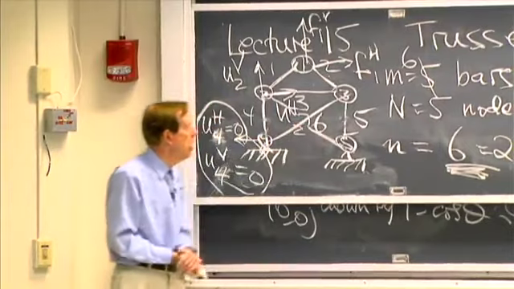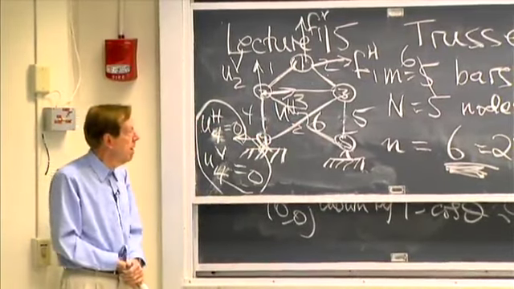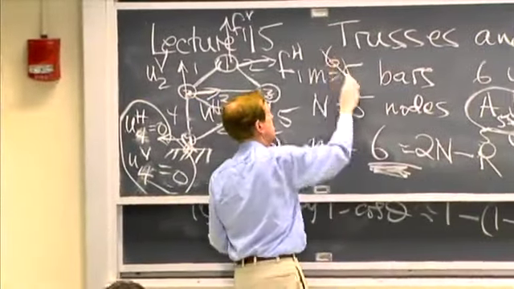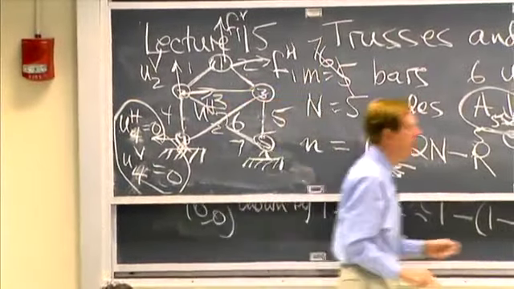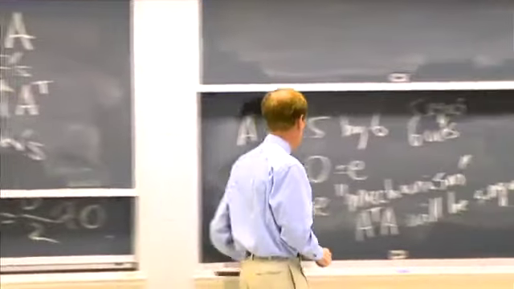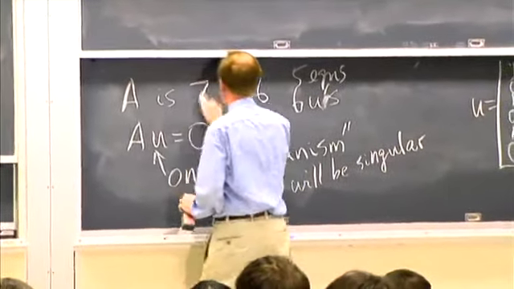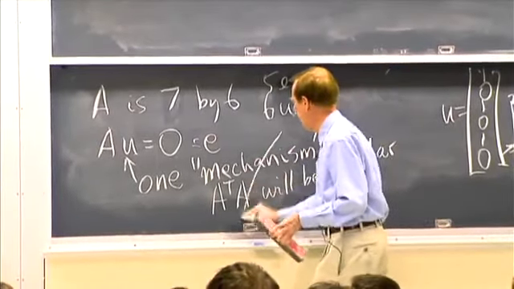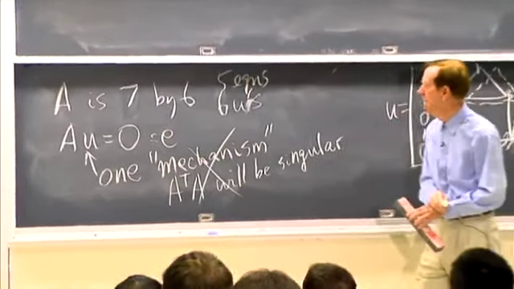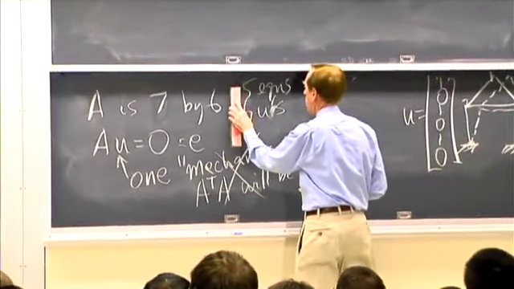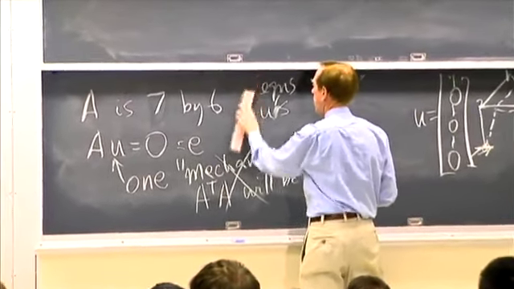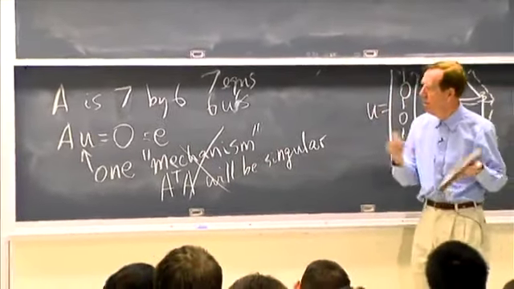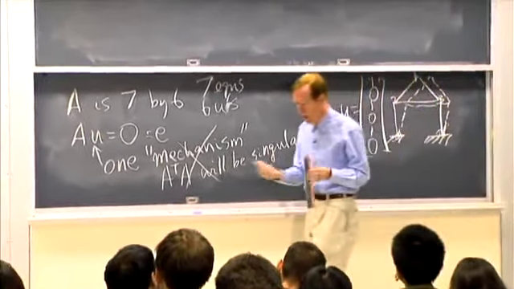Now I've got 7 bars, so M is now up to 7. My matrix A would now be 7 by 6. And there won't be any solution. The mechanism will be gone because I've now got 7 equations, and still the same 6 U's.